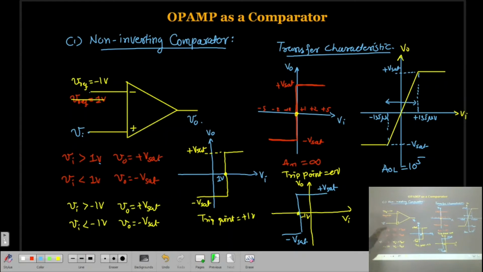So this trip point or the reference voltage we can change by changing the voltage at the inverting terminal. Correct? Sometimes you can also have a kind of circuit where you can change the voltage.